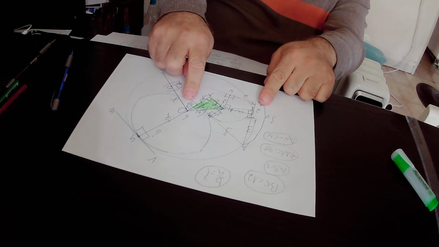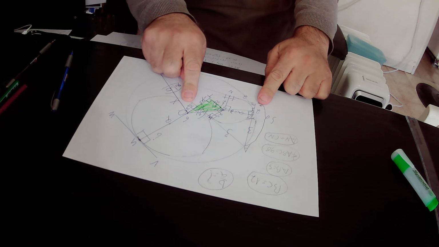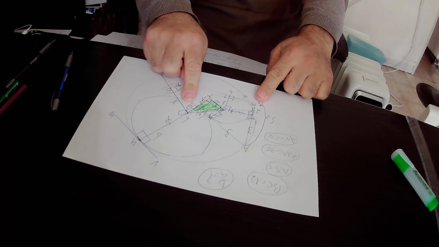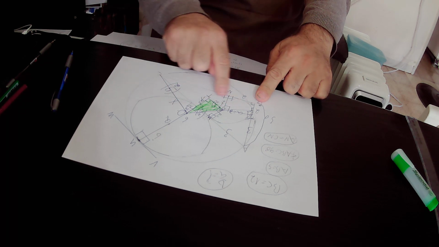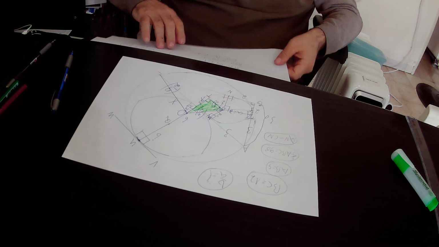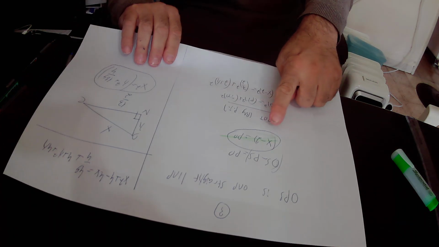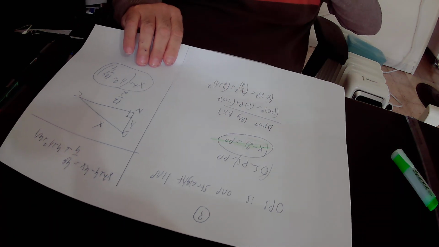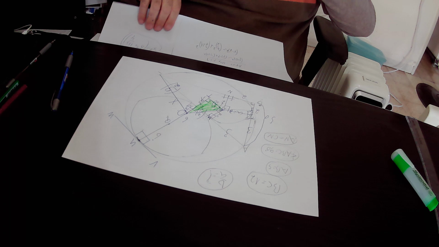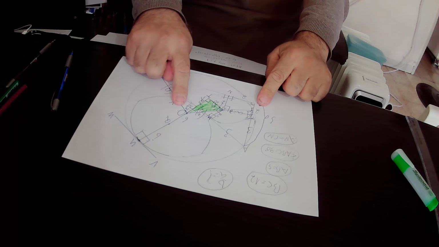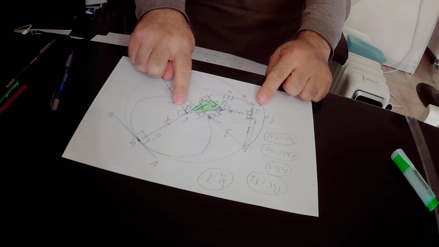If OPS is one straight line, it means that OS minus PS must be equal to PO. Okay, so OS. What is OS? Point O is the center of the biggest circle. Point S is a point on the biggest circle itself.